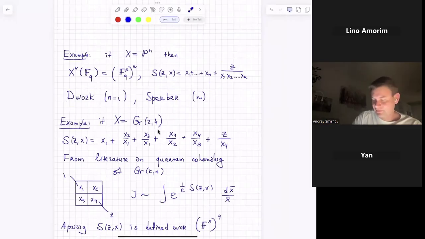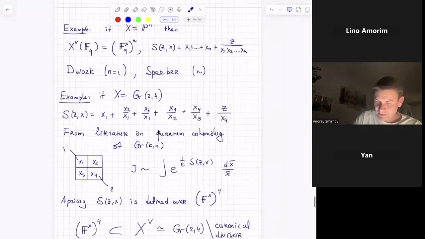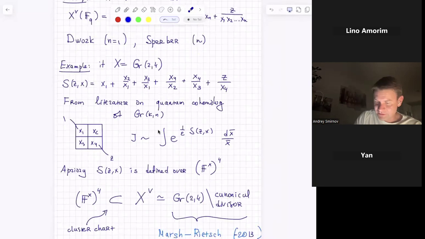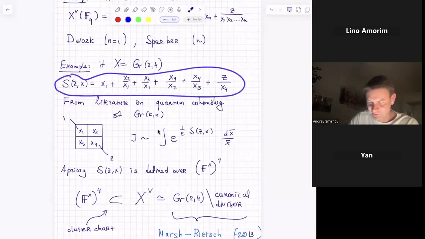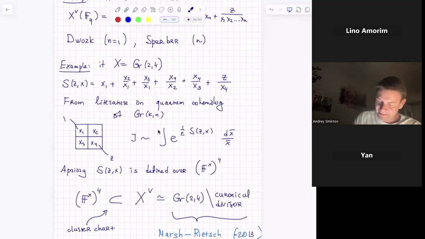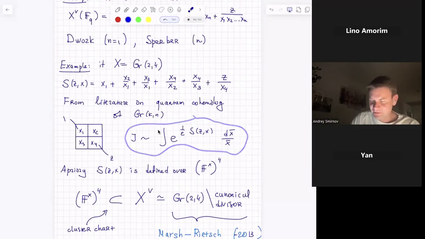But you can consider more complicated examples, like for instance the Grassmannian of two-dimensional spaces in a four-dimensional space. Again, from the quantum cohomology literature, we know explicit formulas for superpotentials over this thing. And then J functions are given by the exponents of the integrals of the superpotentials.